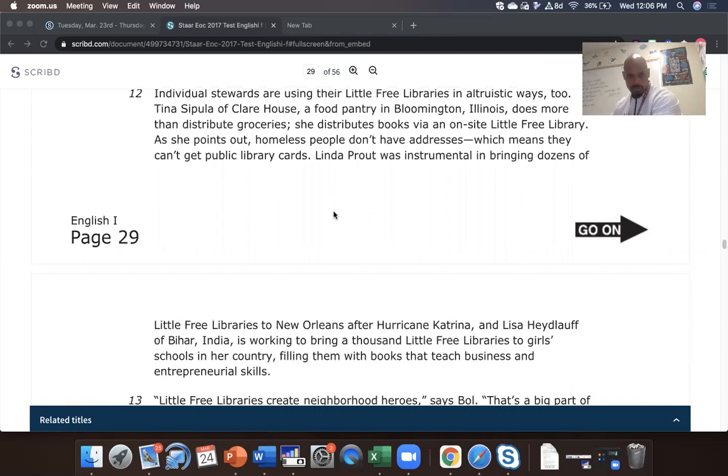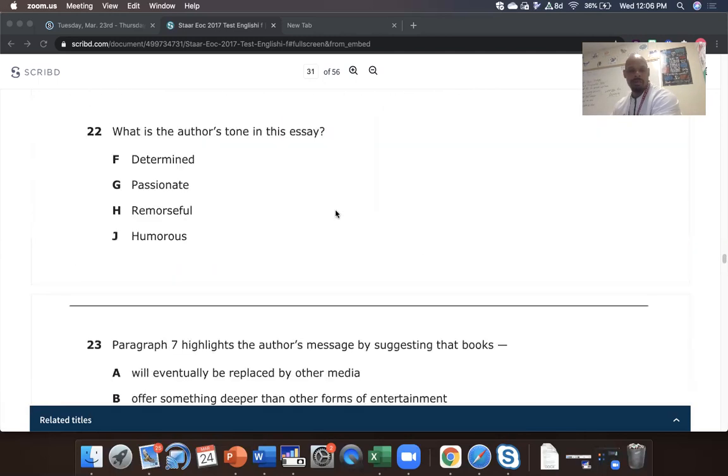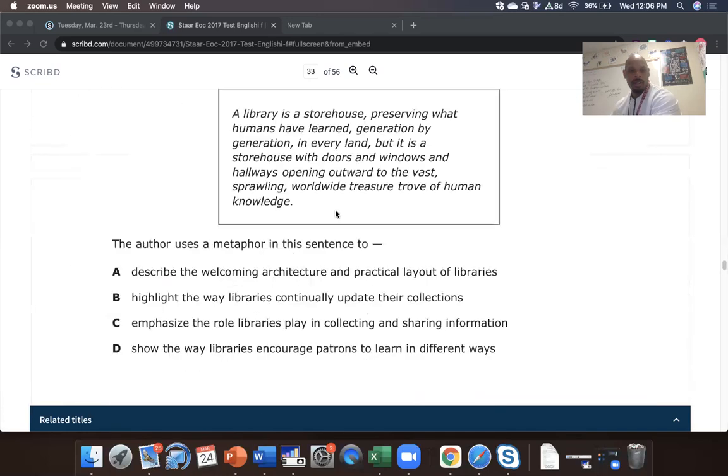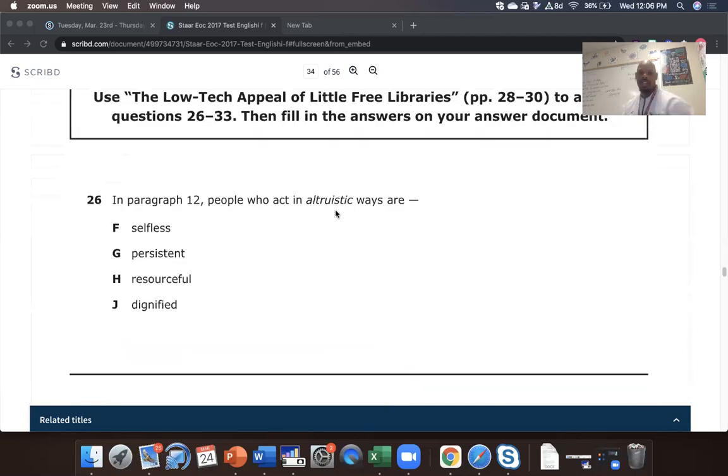So, there's a couple of different ways you can attack a question like this, ladies and gentlemen. We're on question 26. Remember, part of our strategy is a dictionary. Does that make sense?